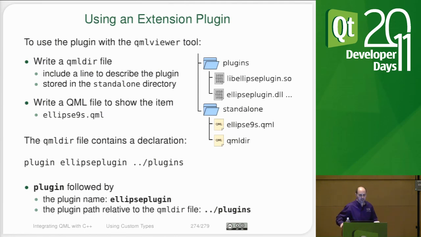So in one QML dir file, you can have a bunch of QML files and one or more C++ plugins. And to the user who imports that package, they're never quite sure what's implemented in QML and what's in C++. It looks all the same to them.